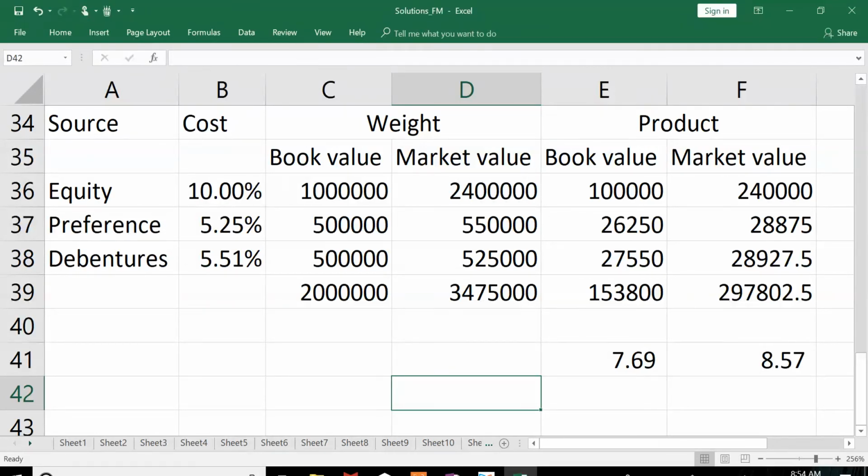Is there an issue with this question? Did you do this adjustment or not? Market value adjustment. The market prices were given for only this purpose in the question. Otherwise, that's of no use. 7.69 and 8.57.